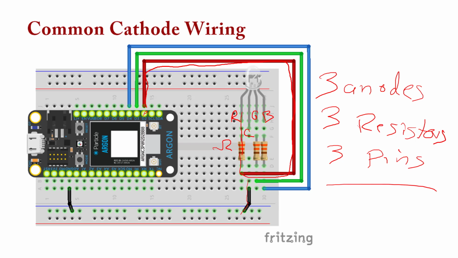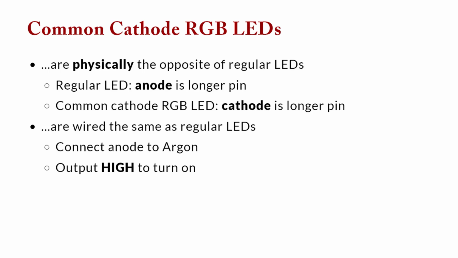And then we do have 1 cathode, which goes to ground. Now, you do need 3 distinct resistors. Same 330 ohm resistor that we've been using. We do need 3 of them, otherwise the LED doesn't typically work properly. So each anode needs its own resistor. Now, just a distinction to note here.